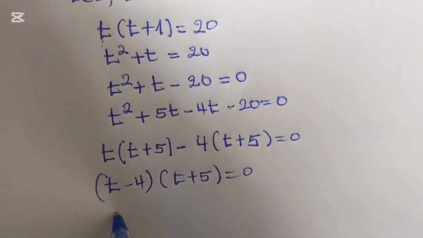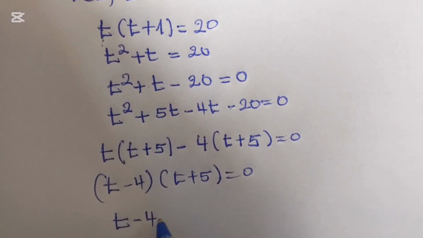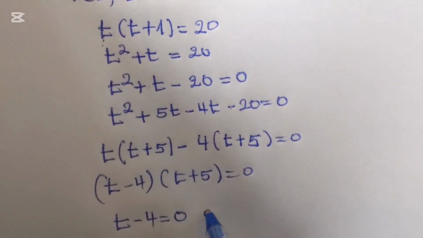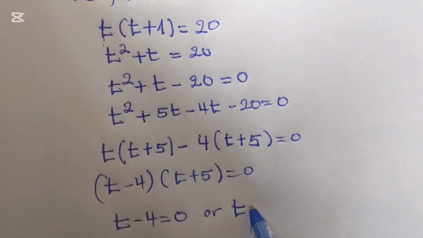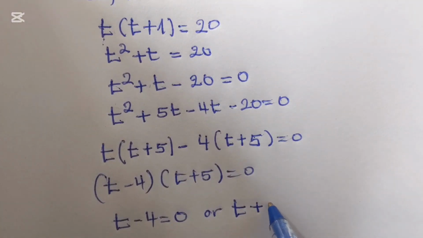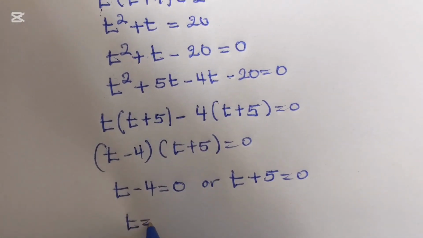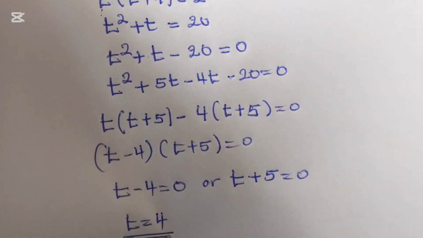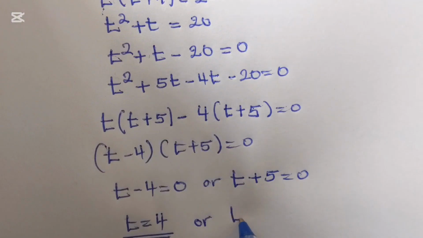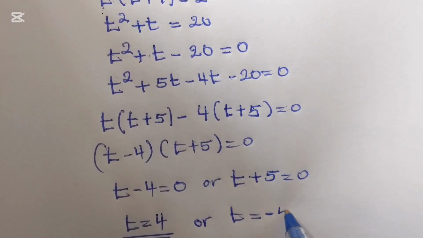Alright, then t minus 4 will be equal to 0, or t plus 5 will be equal to 0, so that t equals 4, or t equals negative 5.